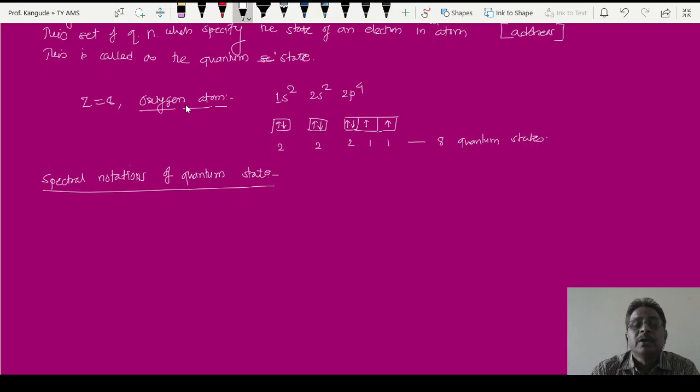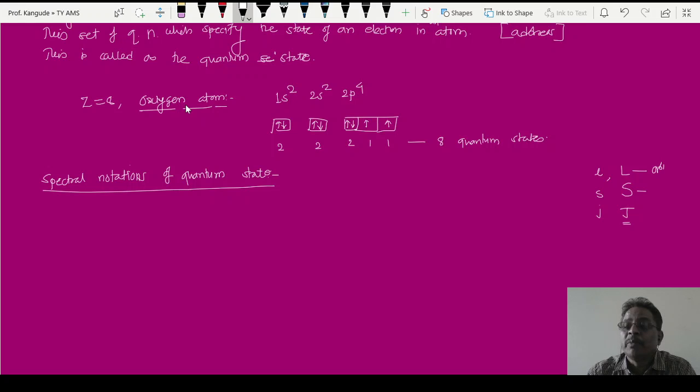Now look here, when we go for this type of spectral notation of quantum states, what we require first is this small l as well as capital L, small s as well as capital S, and very many times we require this small j as well as capital J. Now this is the total angular momentum, this is the orbital angular momentum, and this is the spin.